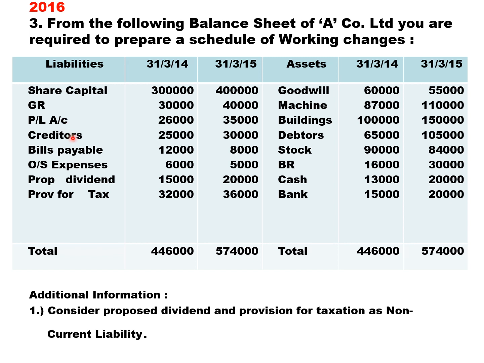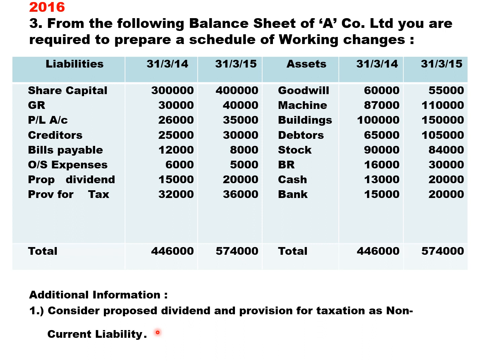Tick mark creditor, it's a current liability. BP, current liability. Outstanding expenses, current liability. So we have three current liabilities. And we have another two called proposed dividend and provision for tax, ignore, because in the additional information, consider proposed dividend and provision for tax as non-current liability.